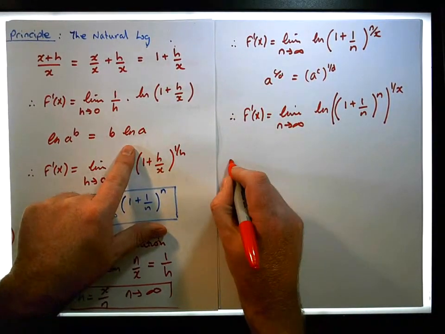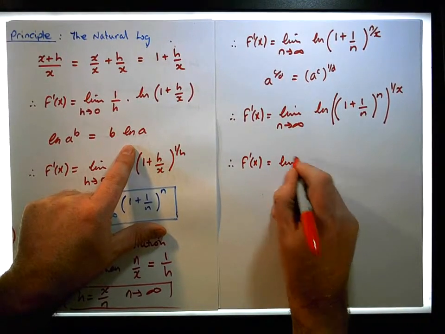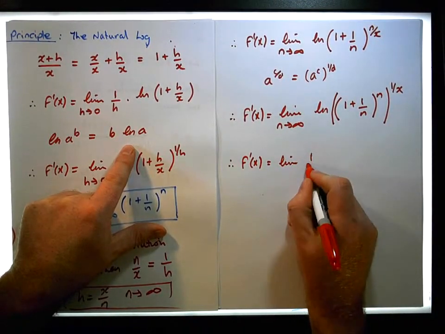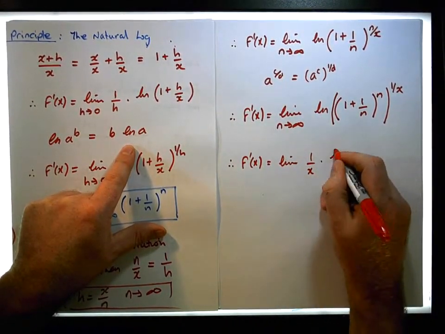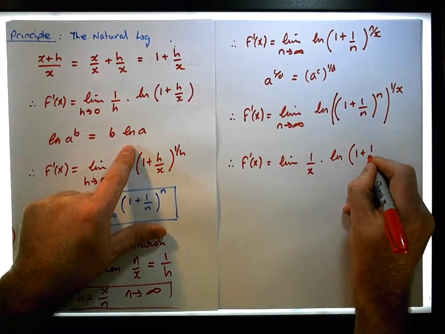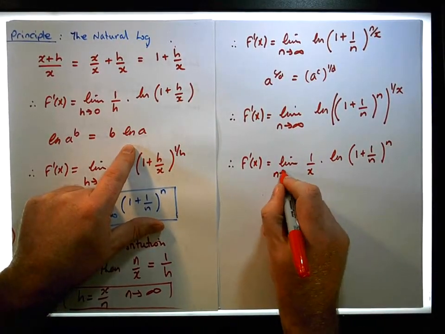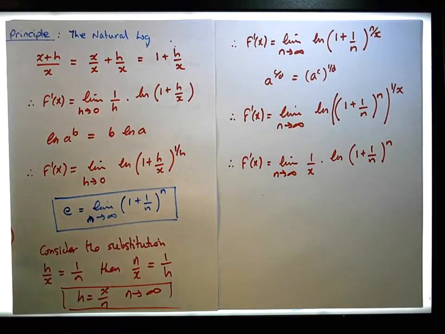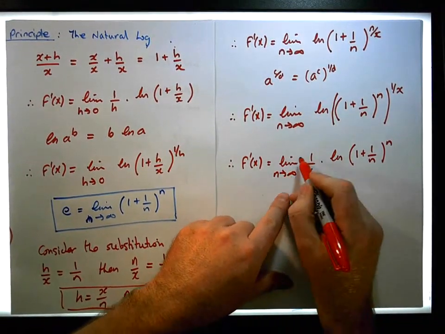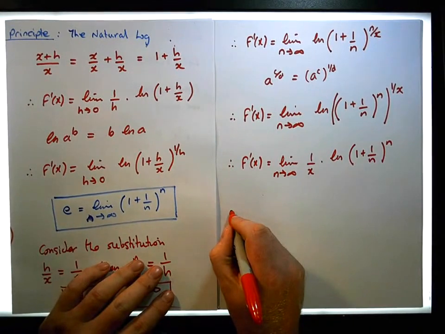So we have f prime of x is equal to the limit of 1 over x times the natural logarithm of 1 plus 1 over n raised to the power of n, as n tends to infinity. Now we have a limit of a product here, so that's the same as the product of the two limits.